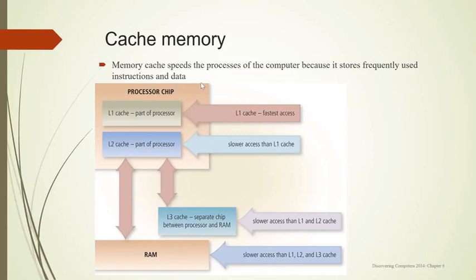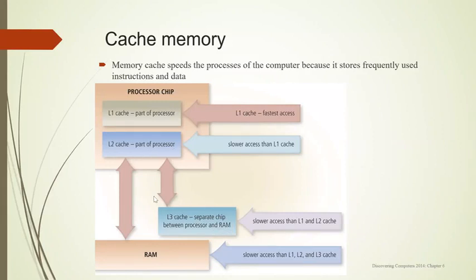The memory cache speeds up the processor and the computer because it stores frequently used instructions and data. So next to the processor here you can see L1, L2, and RAM is there, and there's L3 also. Here you can see that L3 has slower access than L1, L2. L3 is very slow. Which is the fastest one? L1.